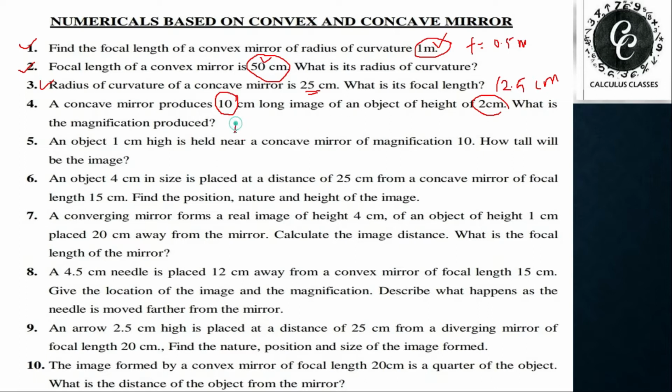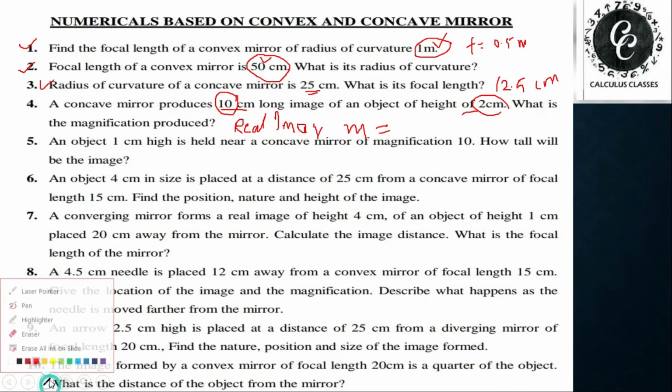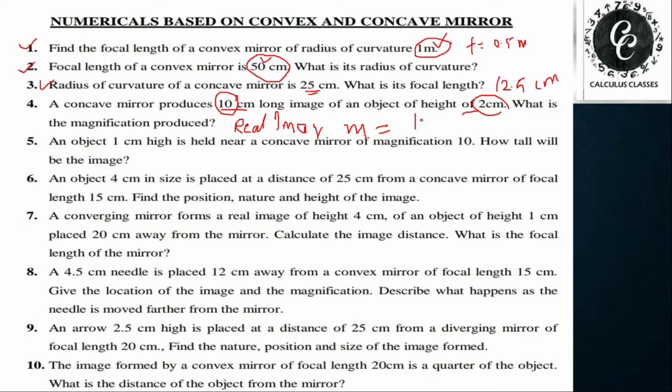In case of real image, suppose we are taking a real image. In case of a real image, we have to take a negative sign for this 10 and a positive sign for this 2. So m will come minus 10 upon 2.